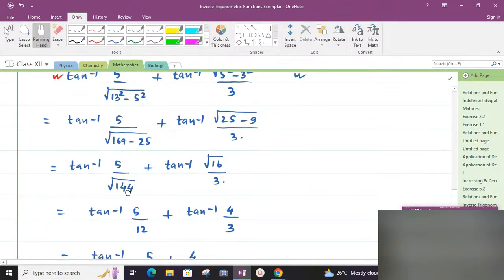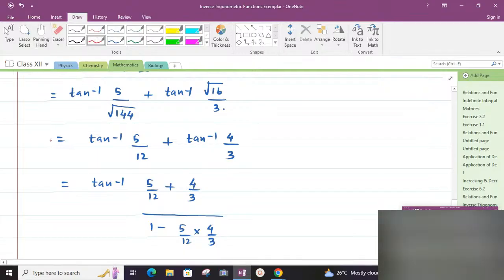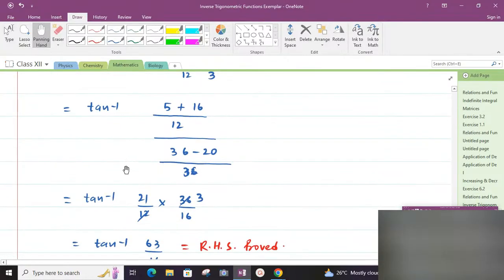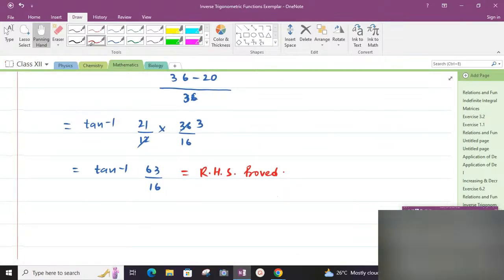After the simple calculation, we get this in the form of tan inverse x plus tan inverse y, and we use the formula tan inverse x plus tan inverse y equals tan inverse of x plus y by 1 minus x into y. After the simple calculation, we get tan inverse 63 by 16 equals RHS. Hope there is no problem understanding the solution of question number 15.